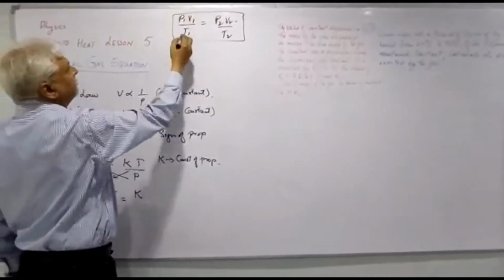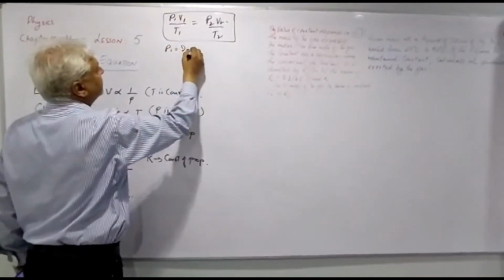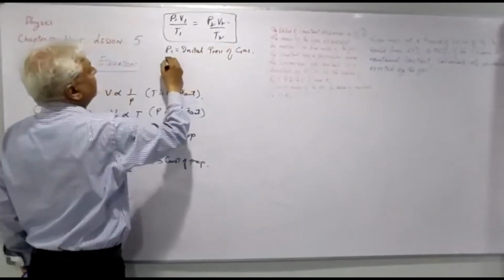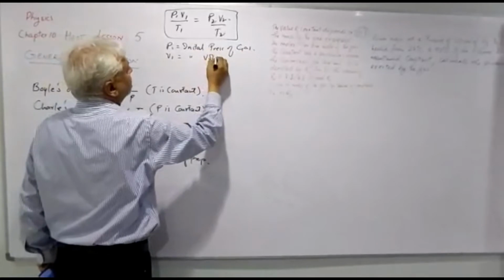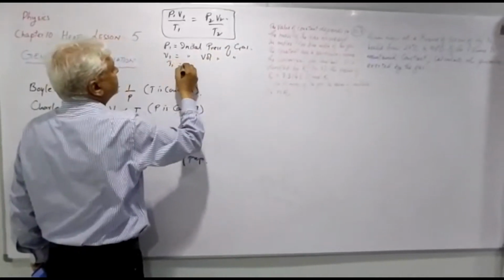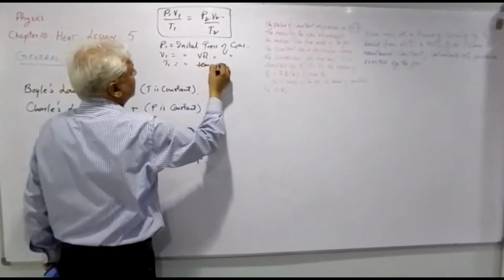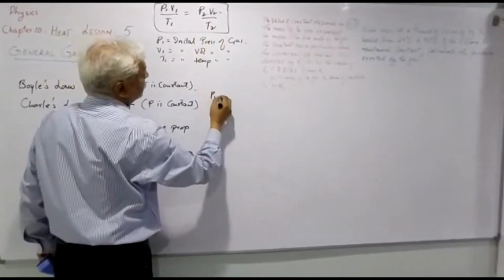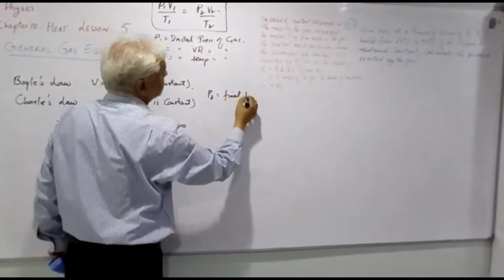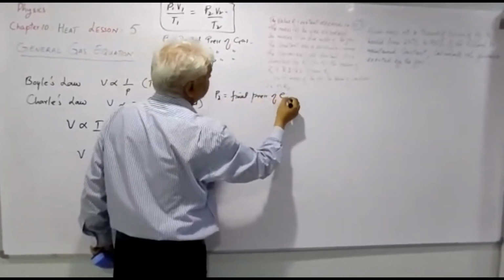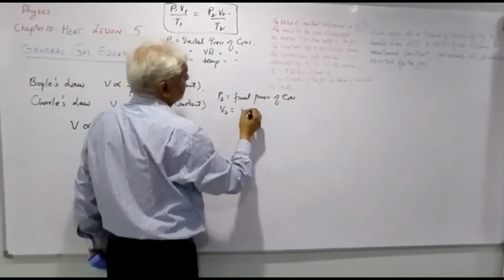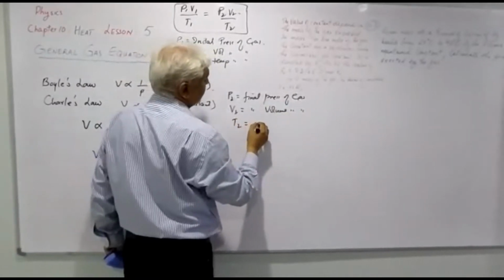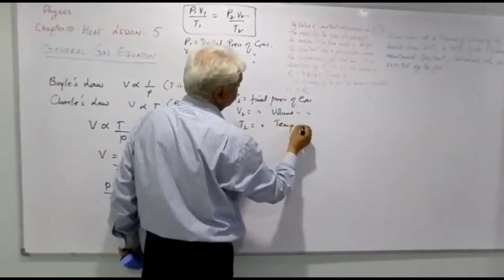Where P1 is the initial pressure of gas, V1 is the initial volume of gas, T1 is the initial temperature of gas, and P2 is your final pressure of gas, V2 is the final volume of gas, and T2 is the final temperature of gas.